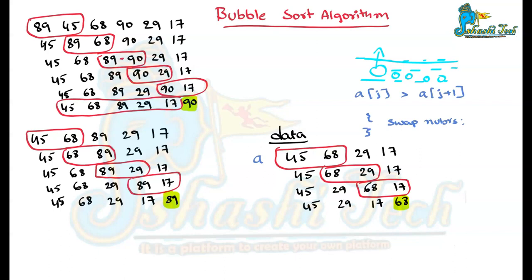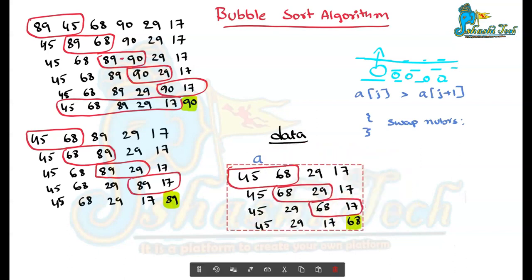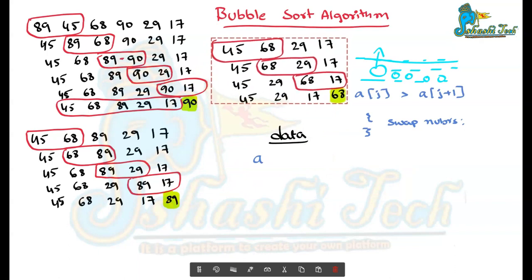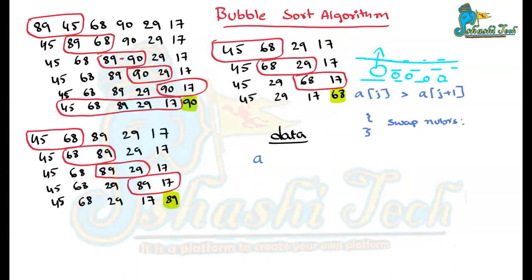So for the time being we shall move this to one side. Okay. Then we shall copy the required ones, that is 45, 29, 17. That's it. Okay. We shall apply the logic again. 45 and 29.